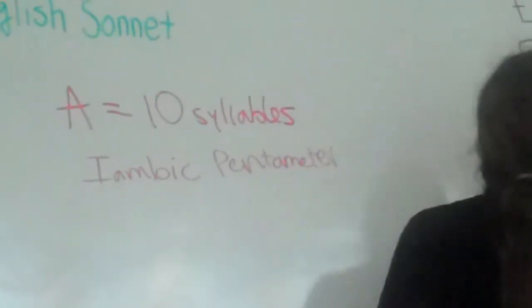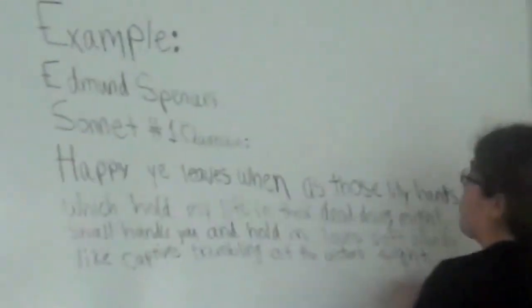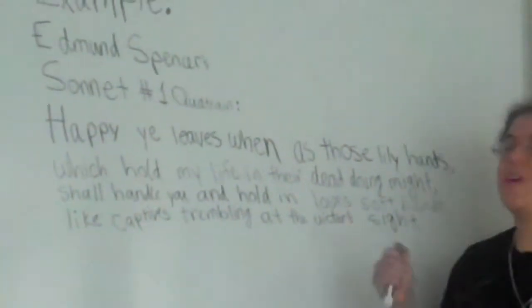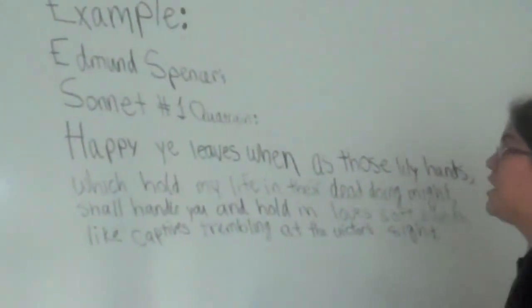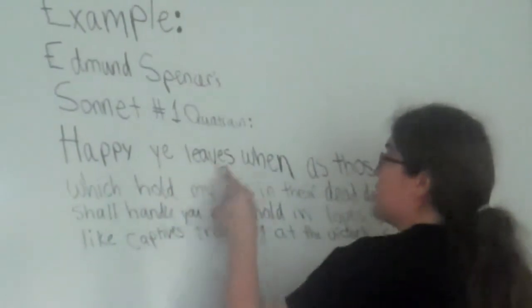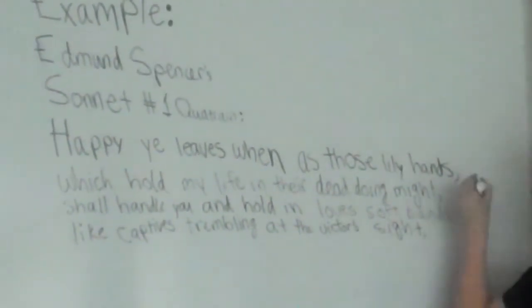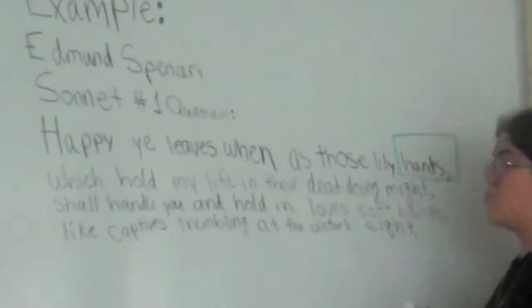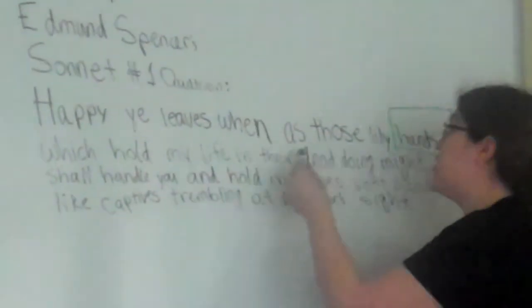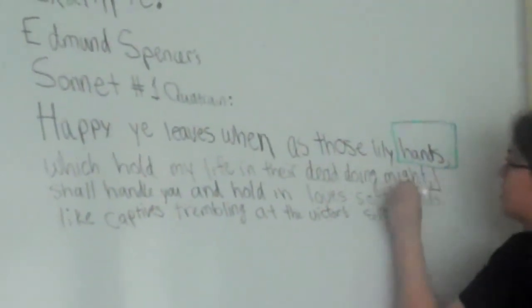And for an example of how the rhyme scheme goes, this is part of Edmund Spenser's Sonnet 1. This is the first quatrain. It goes, happy ye leaves when as those lily hands, so this will be our first rhyme, which hold my life in their dead doing might, which doesn't rhyme with hands, so that'll be the second one.